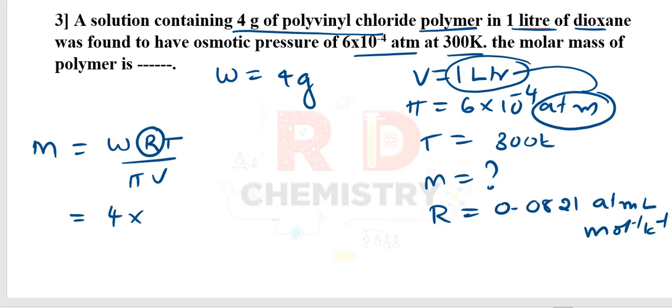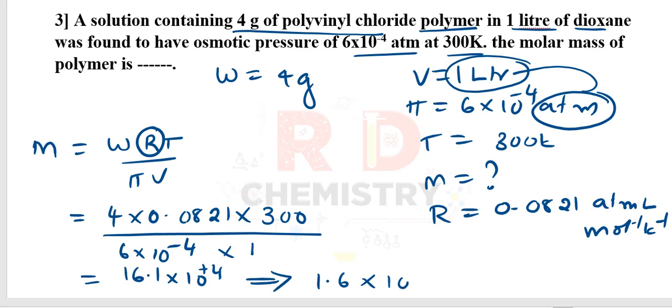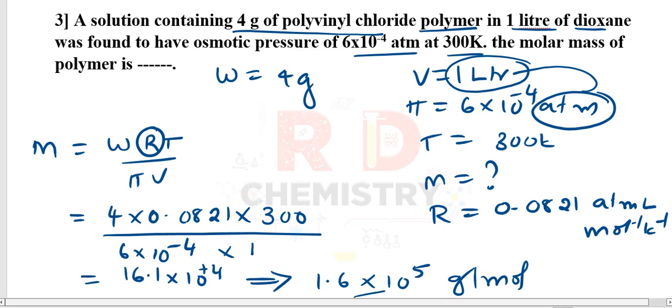So I'll be substituting 0.0821 and temperature 300 Kelvin divided by pi value 6 into 10 power minus 4 into volume equal to 1 liter. This is equal to 16.1 into 10 power plus 4, which can also be written as 1.6 into 10 power 5. And the unit of molar mass is gram per mole. The large number is because this is a polymer. Clear? Hope this is clear to you.